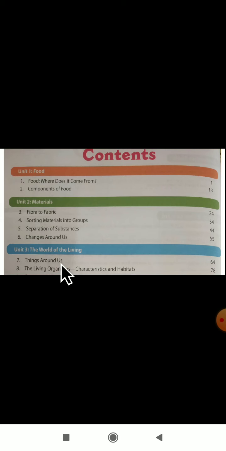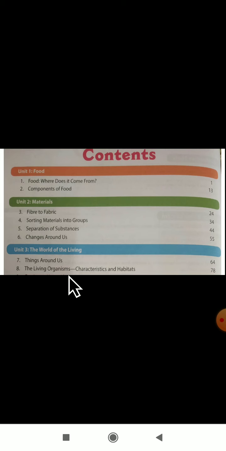The next lesson is the 8th lesson, the living organism, its characteristics and habitats. Here we will study about biomes and the interdependence between the biotic and abiotic world.